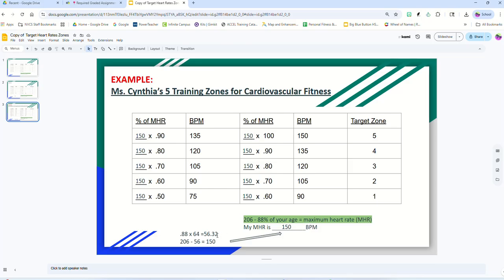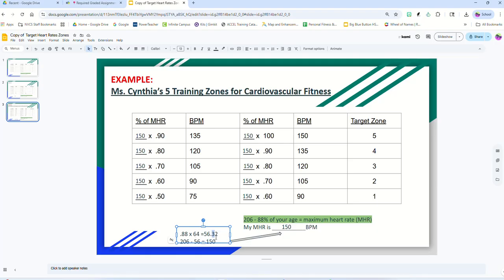I am going to drop the last 2 digits on here. My general rule is if this number here is 5 or higher, then you're going to round up to 57. If it's 4 or lower, then you're just going to keep the 56. And for you, again, it's different because you're not 64 years old. You are multiplying 0.88 times your age, ladies.